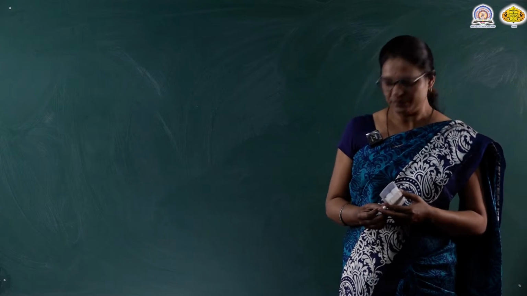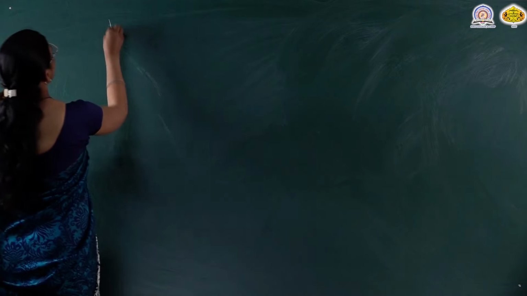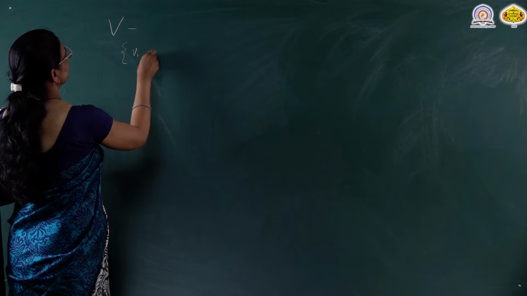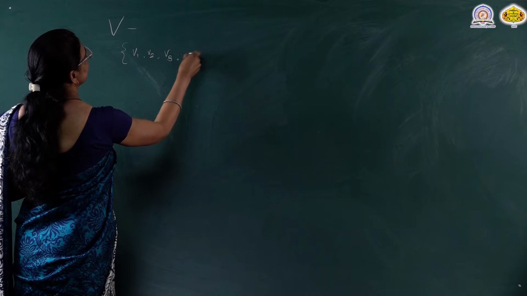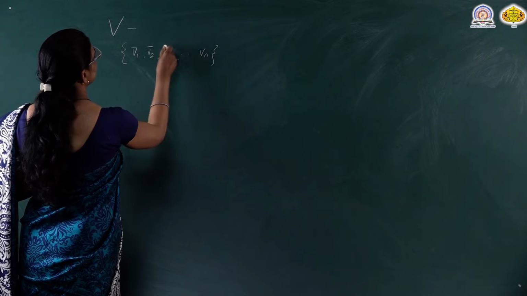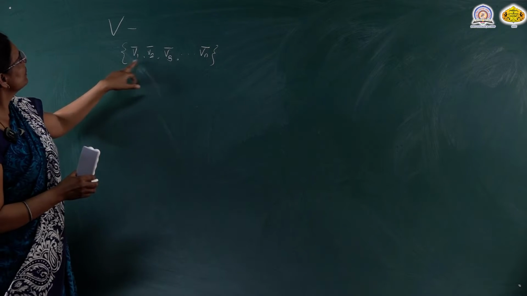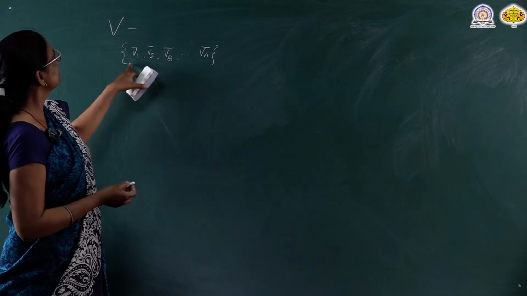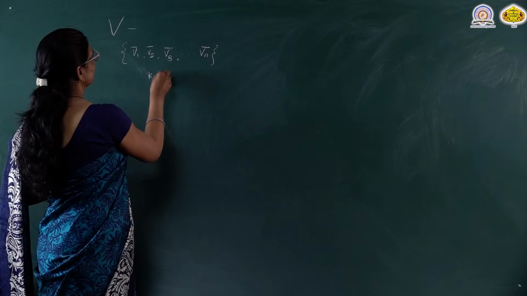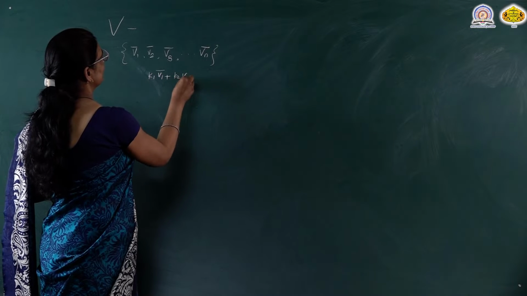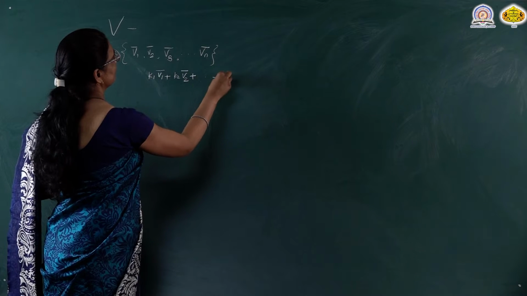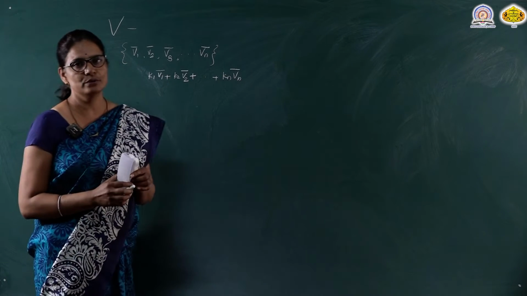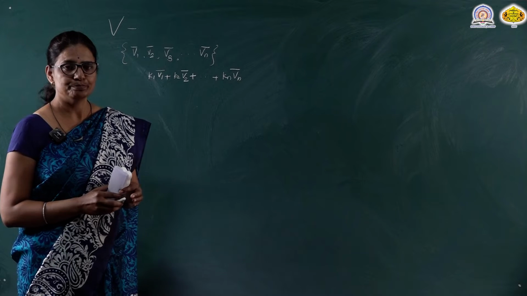If we consider V a vector space, and take some vectors from V, V1, V2, V3 bar, up to Vn bar, these are the vectors in V. Then the expression is called the linear combination of the vectors V1, V2 bar, V3 bar up to Vn bar.